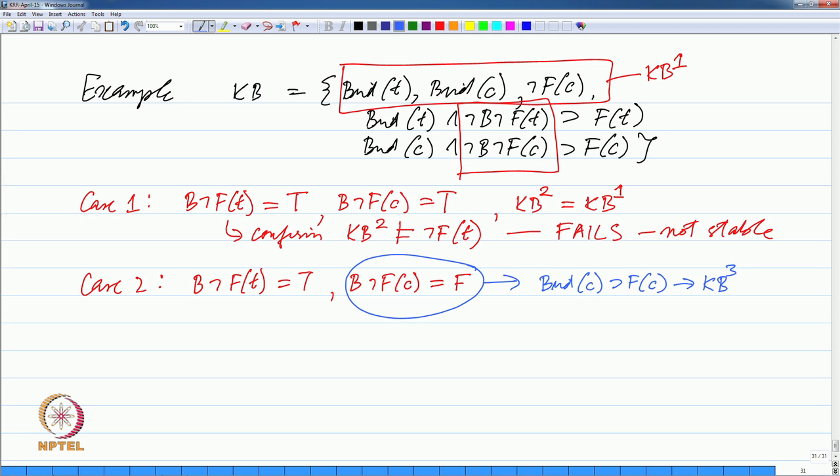So, this will simplify when you say that the belief that the chili does not fly is true, then it will reduce to this KB 3 and that will result in this thing essentially. So, you can see that here confirmation fails for both.